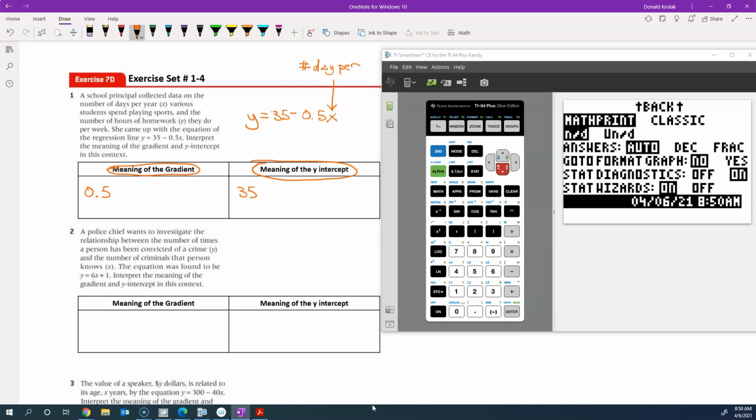So this is the number of days per year that various students spend playing sports. Per year playing sports.